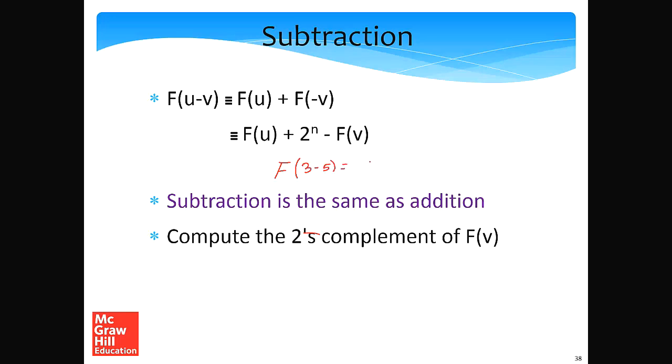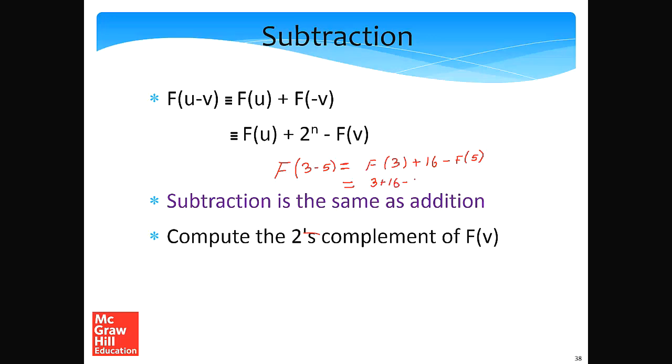So this I can write as f of 3 plus 2 to the power n, which is 16, minus f of 5. So we'll be writing in both binary and decimal notations. The notation needs to be sort of inferred from the context. So in this case, f of 3 is equal to 3. I'm not writing it in binary to just keep the representation simple.